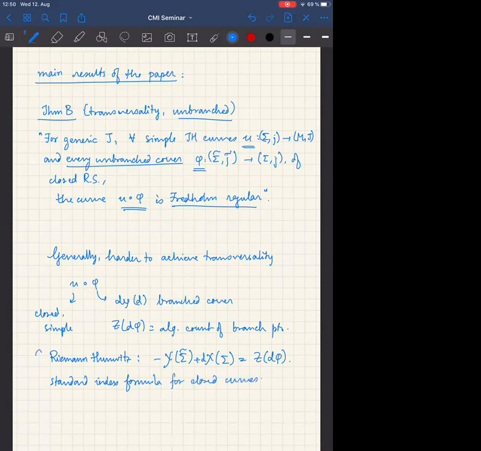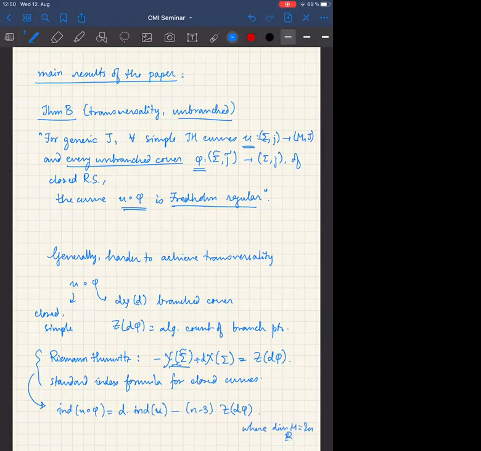Because the index formula has this Euler characteristic in it, combining the two, we get that the index of u composed with phi is d times the index of u, plus a term in z_d(phi). Here n is such that twice n is the dimension of M.